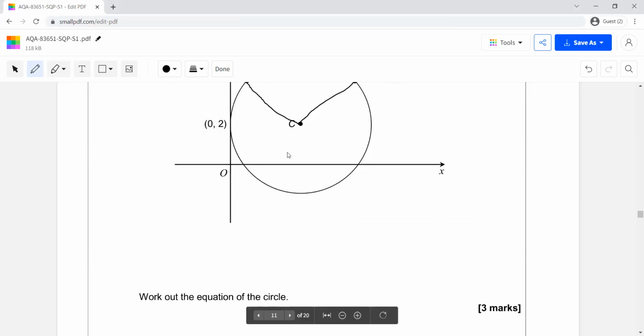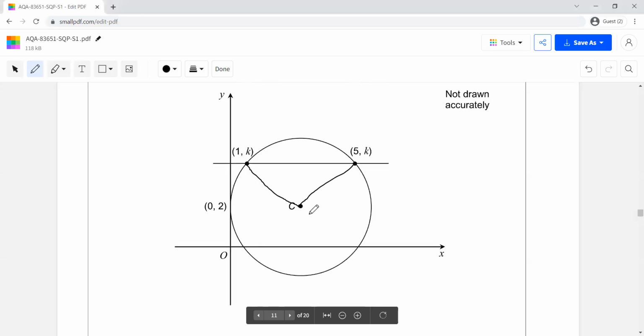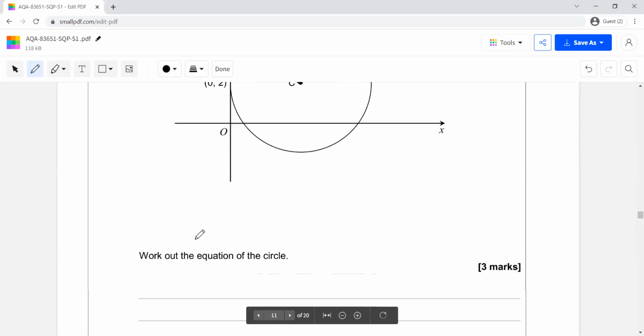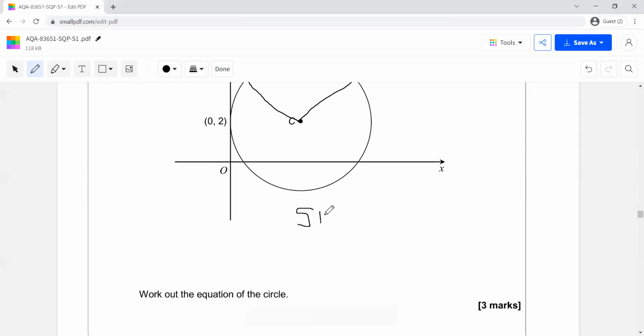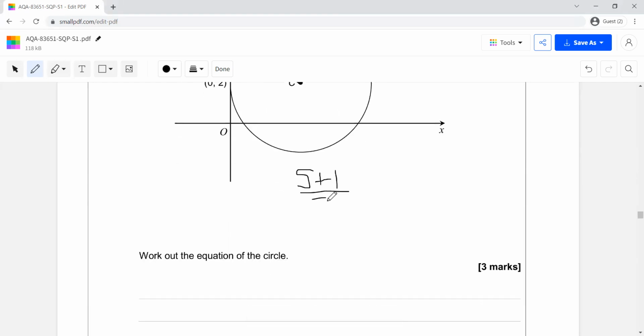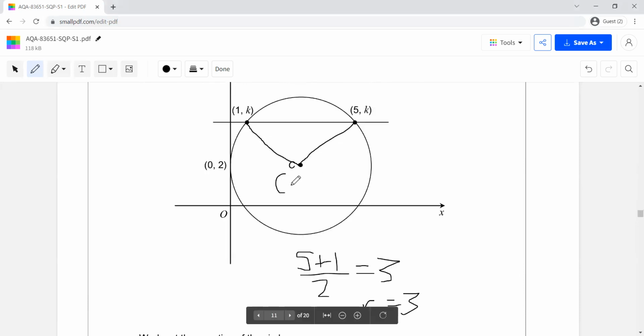So we know that our x-coordinate of C is given by 5 plus 1 over 2, which is equal to 3. So our radius is equal to 3. Now to work out what our y-coordinate is, we can see from the graph it's 2.